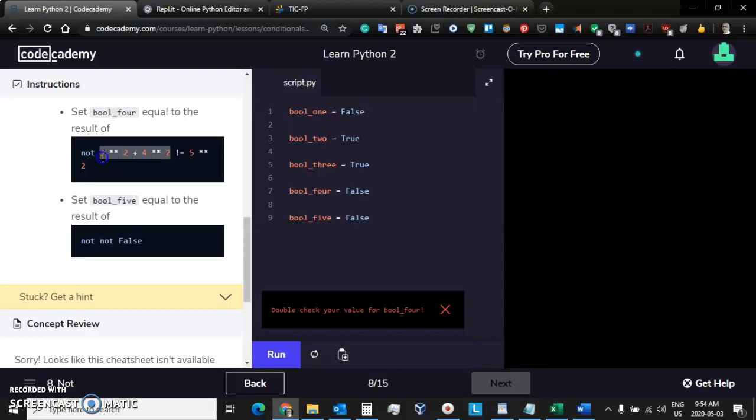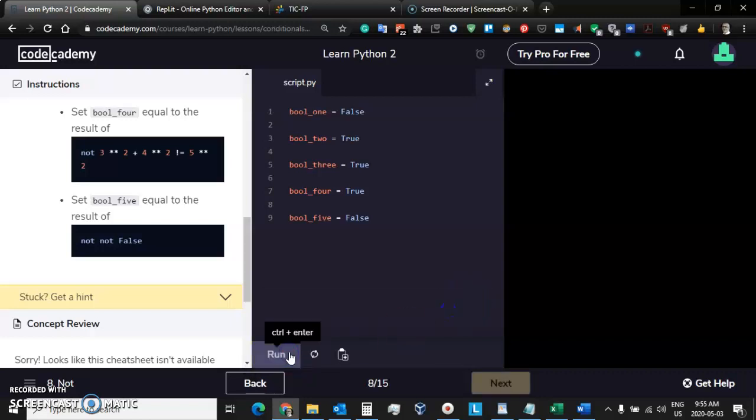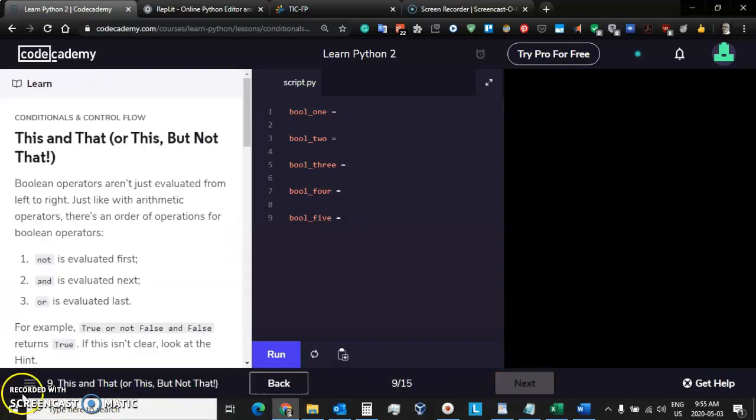So we have 25 on this side, and on the other side we have 25, and it says 25 does not equal 25. That is false. So not of a false is true. So maybe I had copied the wrong expression in there. And we'll test that out again, and this time it all evaluates to correct.